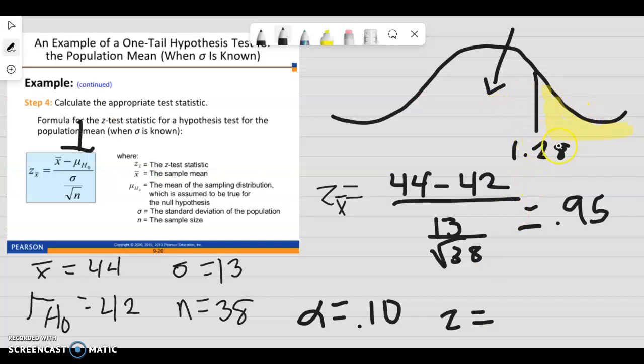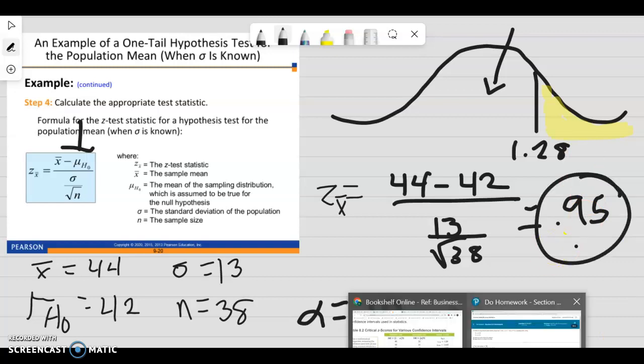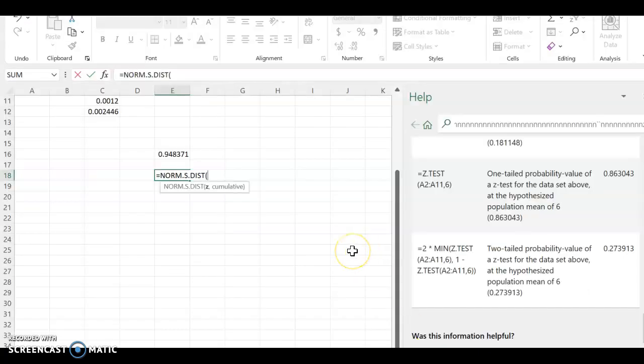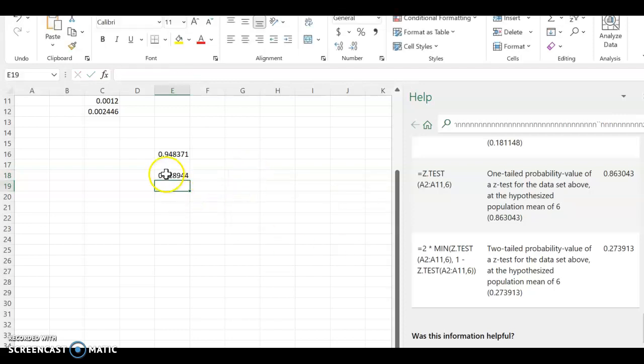So since our area is over here, we want the greater than side, and when we're doing p-value, we want to use our test statistic. So greater than 0.95. So Z is going to be 0.95, and we want it up to 0.95, but that number is our less than side. So to get the greater than side, you're going to say 1 minus that. So we will get 0.171 for our p-value.